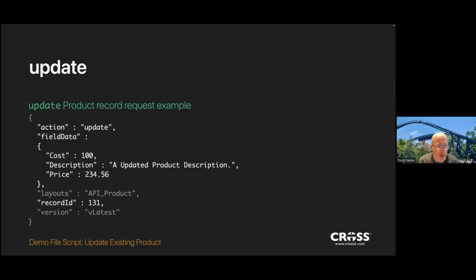So you have a lot of options there. But you also notice that in this case, because we are doing an update, the record ID is now a required value because that's how it identifies which record is actually going to be updated with that information. So that's where if you're using the Execute FileMaker Data API in this fashion, you need to make sure you're keeping track of that internal record ID.